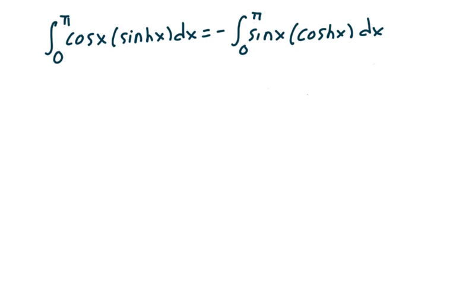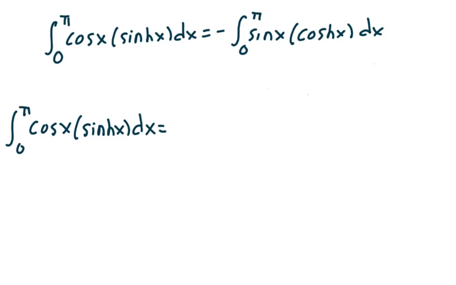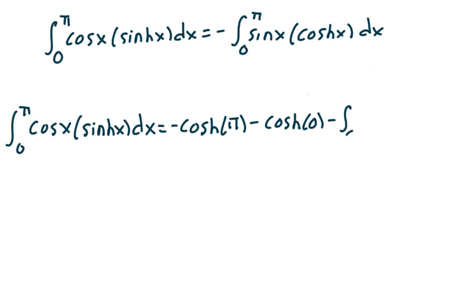So the integral from 0 to pi of cosine x times hyperbolic sine x dx is negative hyperbolic cosine of pi minus hyperbolic cosine of 0 minus the integral from 0 to pi of cosine x times hyperbolic sine x dx.